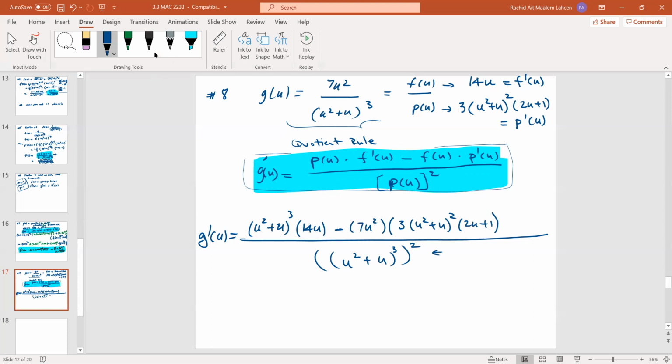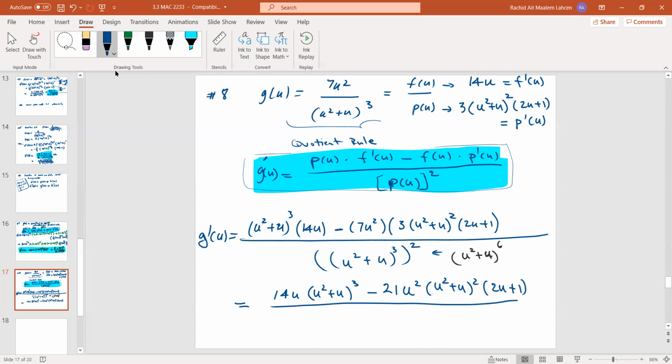So that's going to become u squared plus u to the 6th. All right. So we have 14u times u squared plus u cubed, minus 21u squared times u squared plus u squared times 2u plus 1, all over u squared plus u to the 6th.